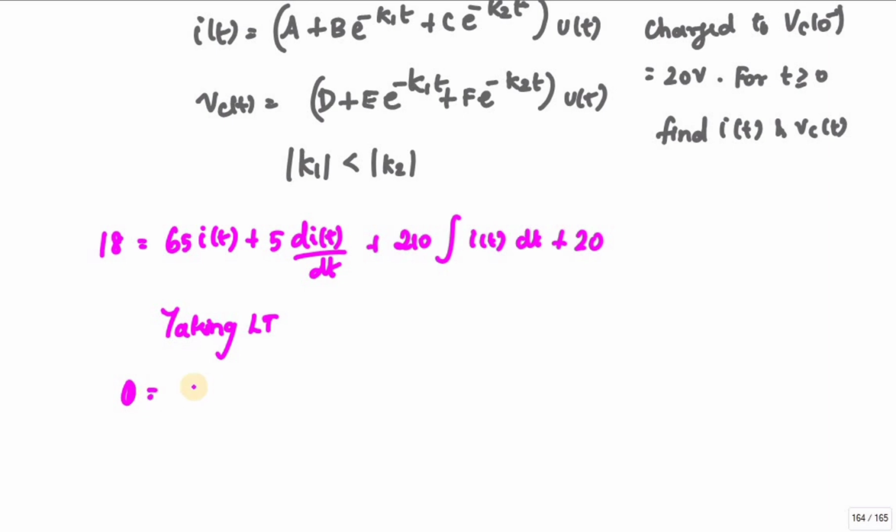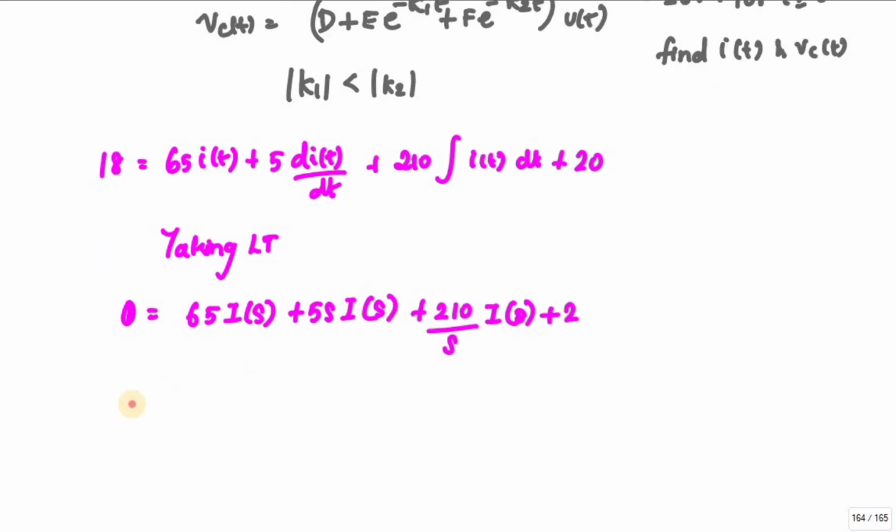So here 18 minus 20 is minus 2, right? So 65 I(s) plus 5s I(s) plus 210 by s into I(s) plus 2 divided by s. Okay.